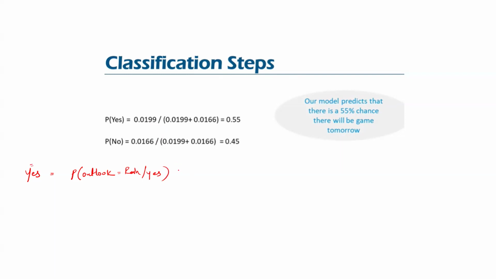Into the probability of humidity equal to high, given yes, multiplied by the probability of wind equal to weak given yes, into the probability of yes.